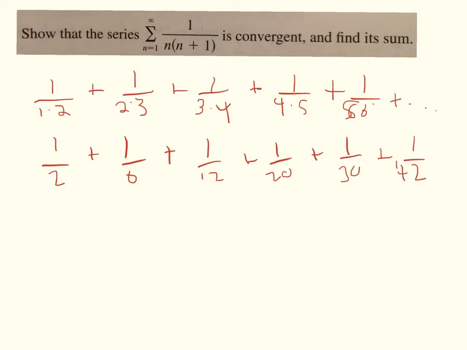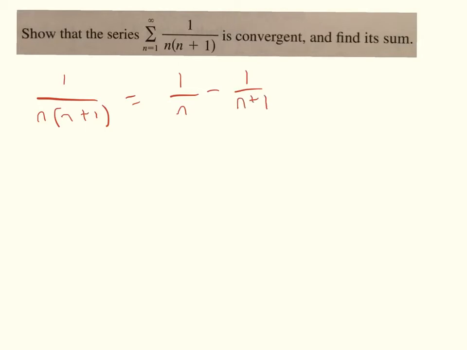However, if you go back to the original problem and break this up by partial fractions, you'll find that 1 over the quantity n times n plus 1 is equal to 1 over n minus 1 over n plus 1.